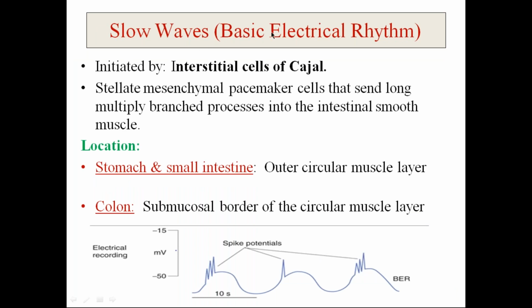Right? So this slow wave is initiated by interstitial cells of Kajal. Again, it is an MCQ question that the slow waves or the basic electrical rhythm in the GIT is initiated by what type of cells. So this could be one of the MCQ questions.